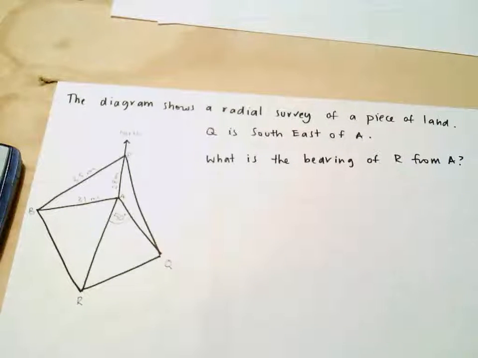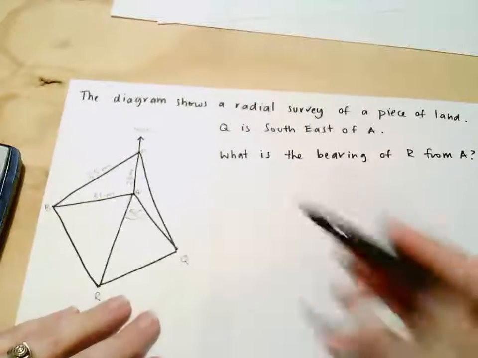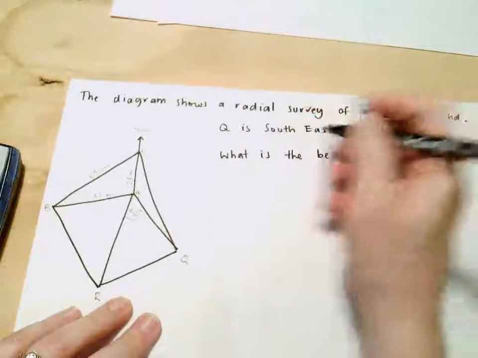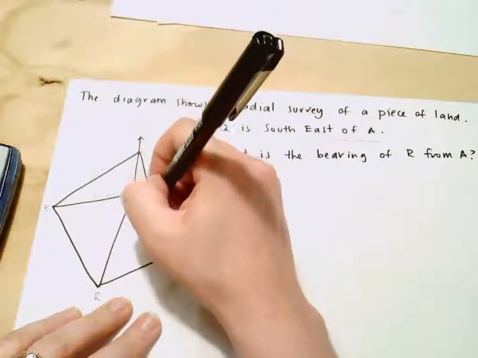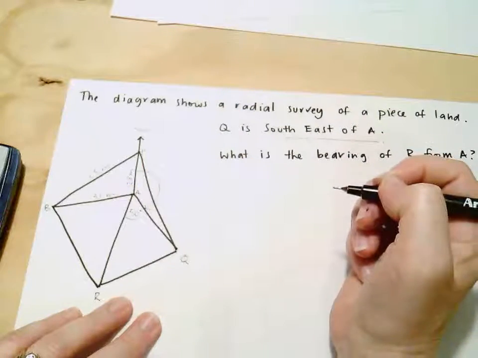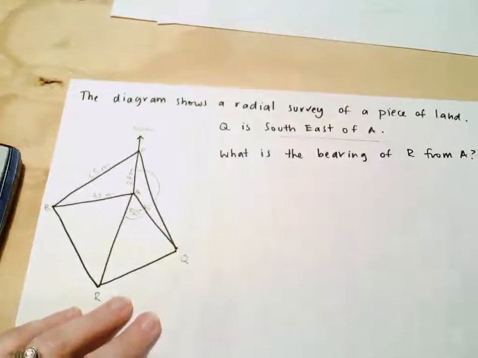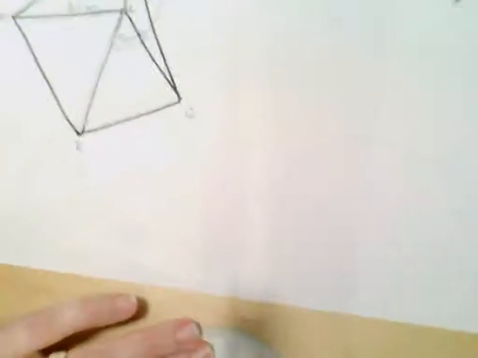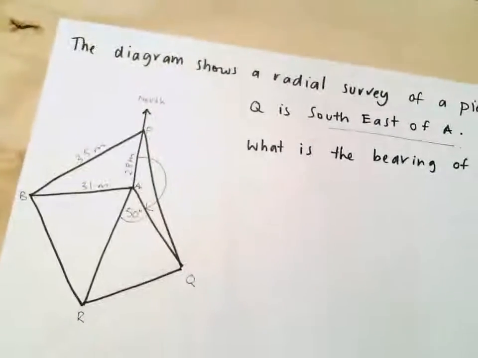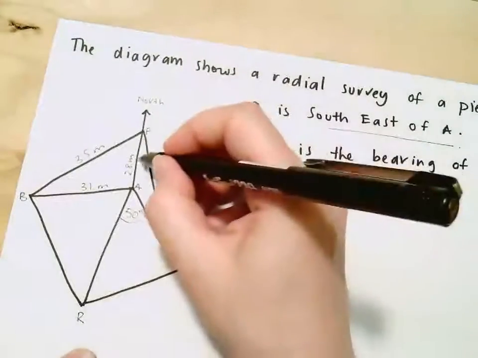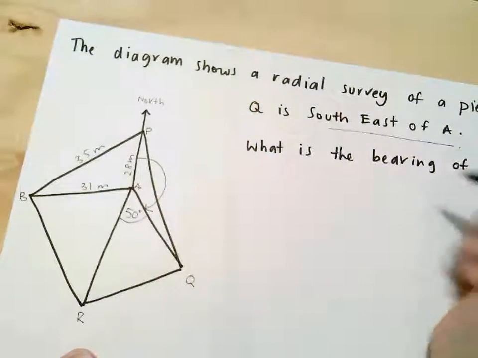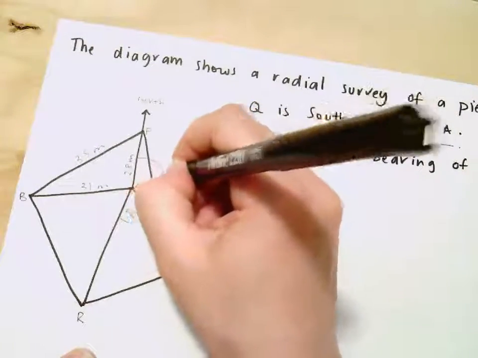So it says, what is the bearing of R from A? So first of all, I've got to work out, if I know that this is southeast of A, then I know that this part here, and I know it's not the easiest to see, let me move that down a little bit. Is that better? Maybe, yeah. So I know that this part here must be 135 degrees.